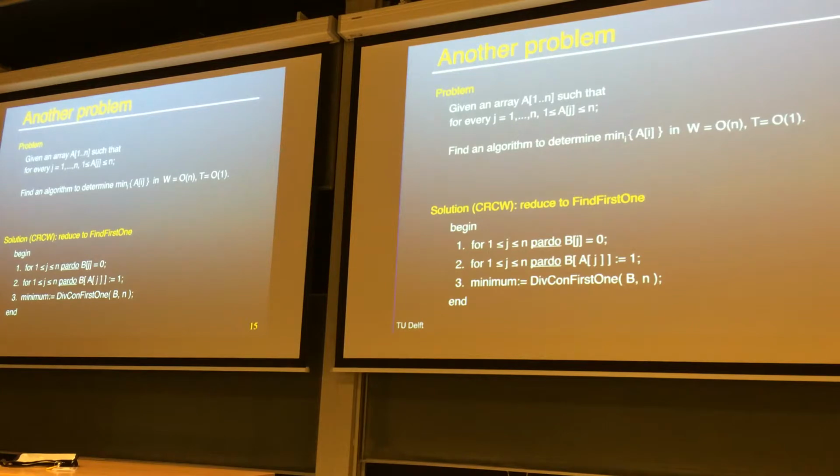That's also the reason why finding the first one plays an enormously important role, because there are many problems that you can reduce to finding the first one. So please be careful and try to come up with these reductions in order to minimize your efforts. Okay.